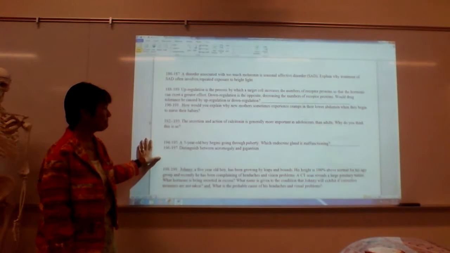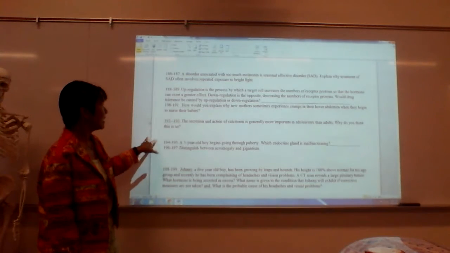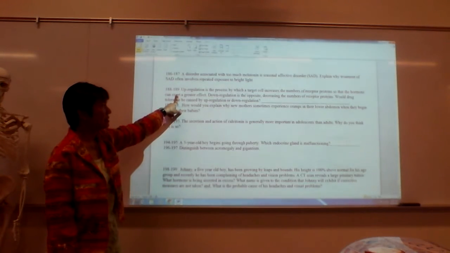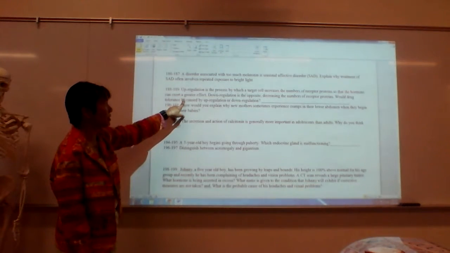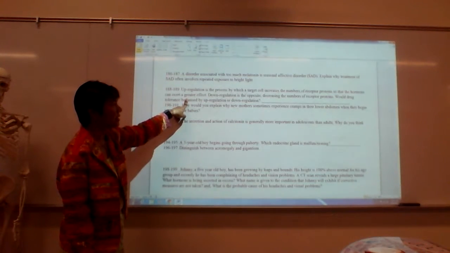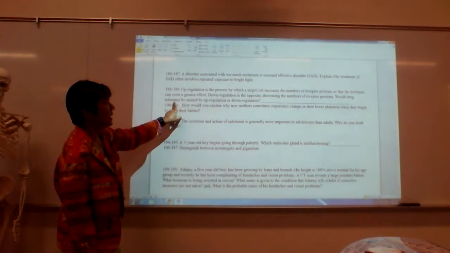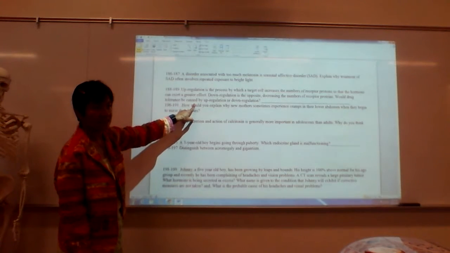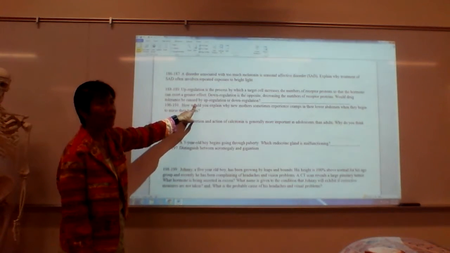Upregulation is the process by which target cells increase the number of receptor proteins so that the hormone can exert a greater effect. Downregulation is the opposite. Is tolerance upregulation or downregulation?